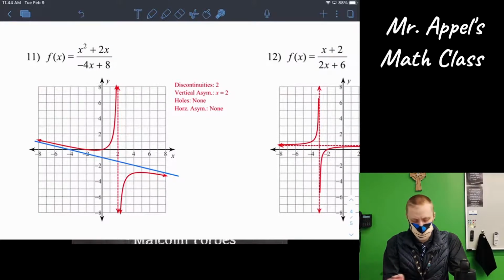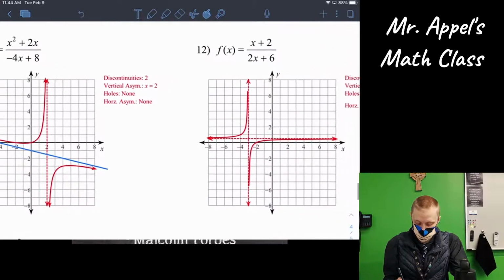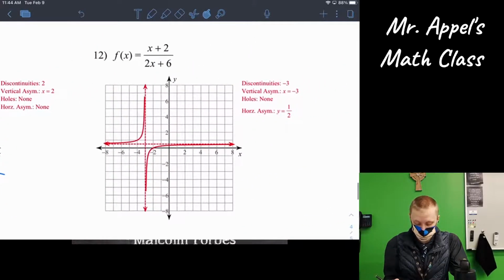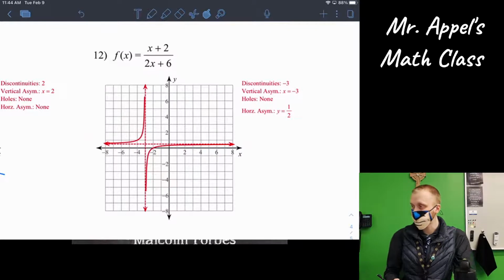That's good enough, okay? Negatively sloped because of the negative coefficient will get you a good enough sketch there. Okay, there's 12. 12 is pretty straightforward. Nice and simple, number 12.